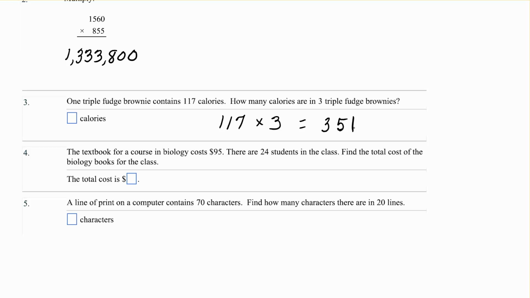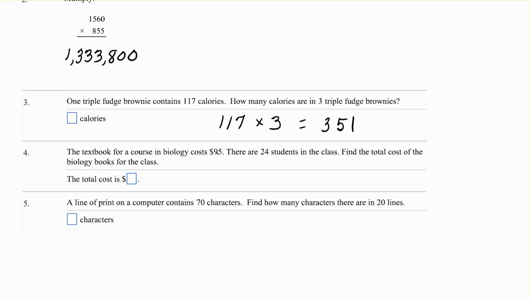Next question. A textbook for a course in biology costs $95. In reality, a book for a biology class is going to cost about $250, but we'll go with this little story anyway. $95. There are 24 students in the class. Find the total cost of the biology books for the class. So each one costs $95.